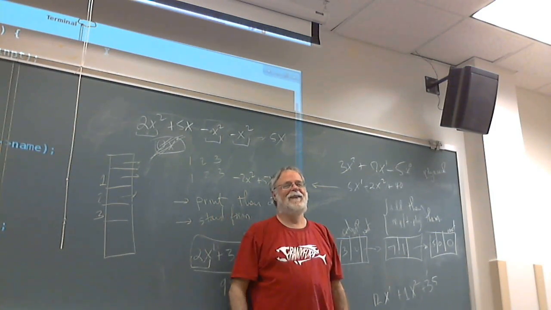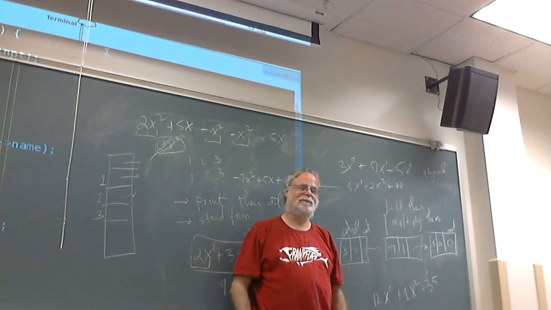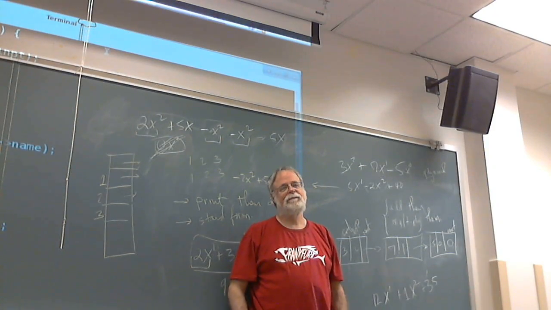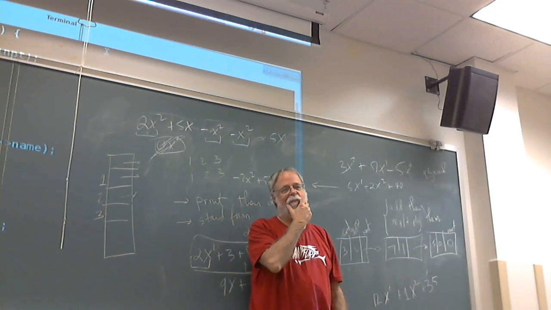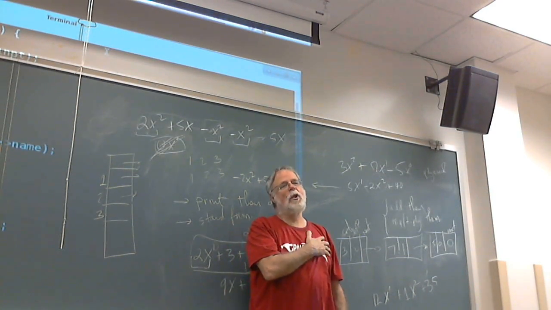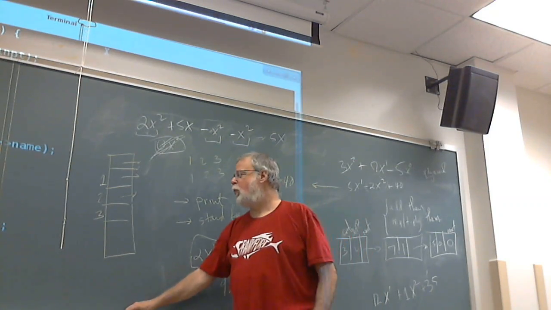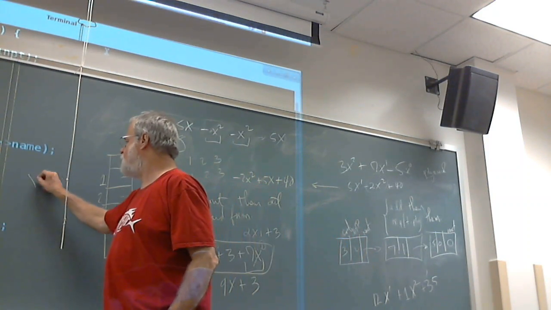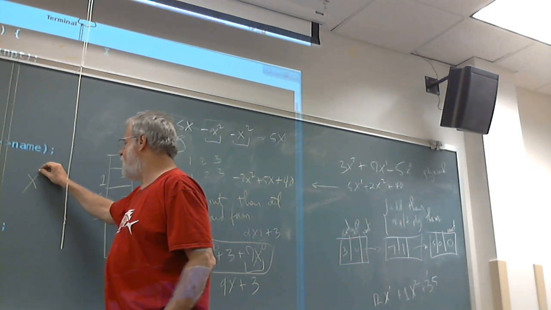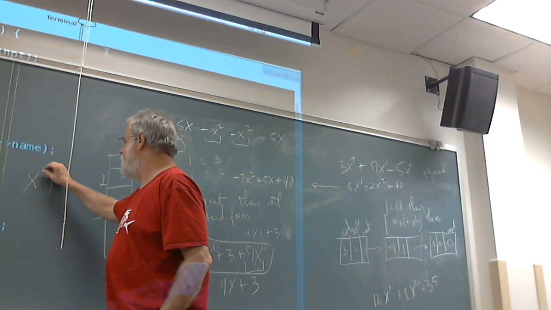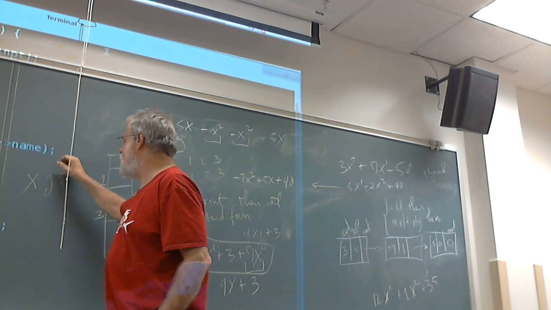I was just curious, if there's more than one variable, say X, Y, and Z. So that's a little more complicated. Then what's a like term? You have to look for terms where the exponents on the X, the Y, and the Z all match up.